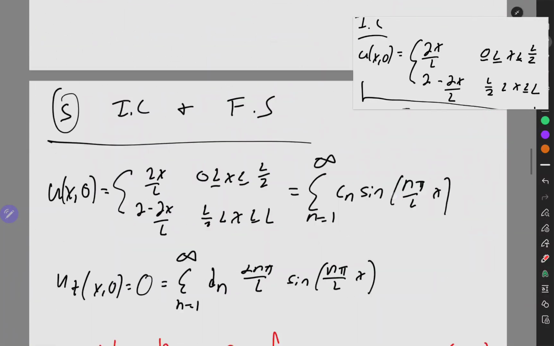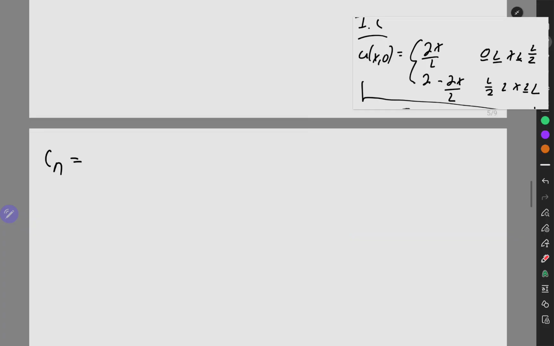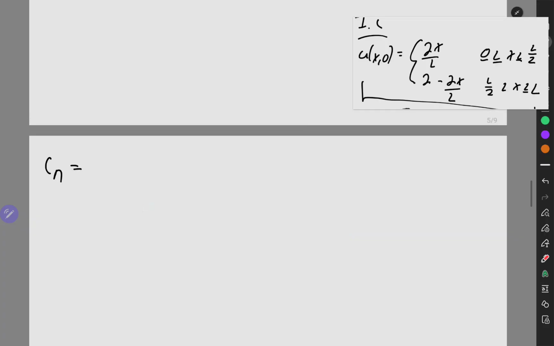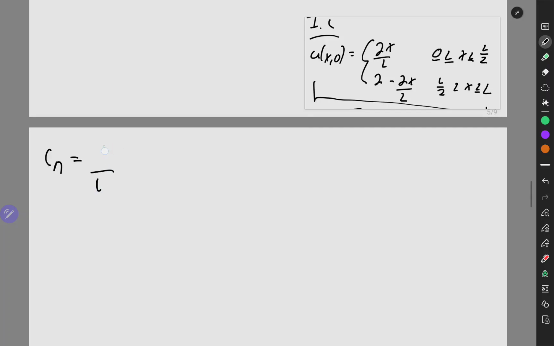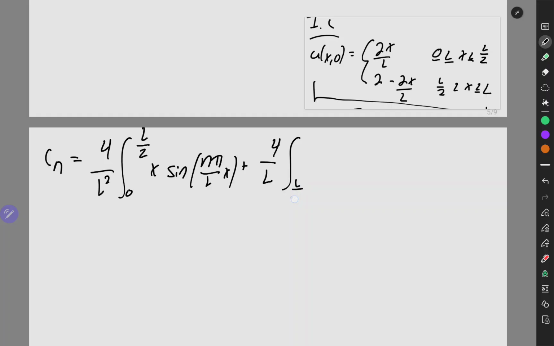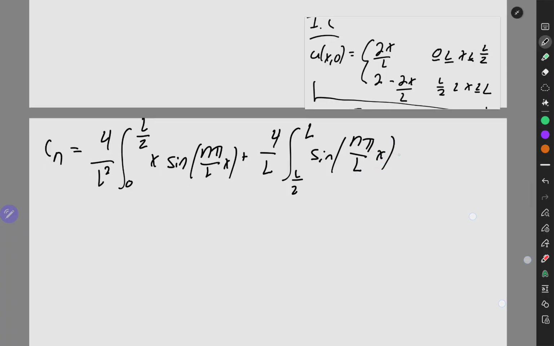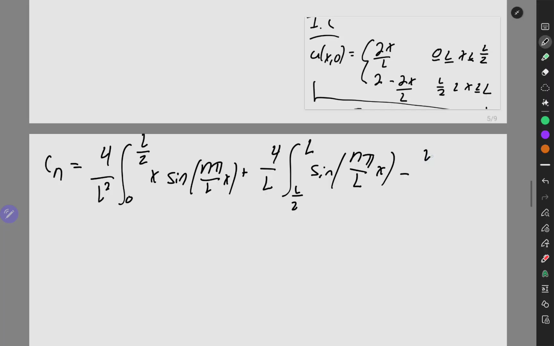Okay, so c sub n is equal to, I'll pull out that 2, that's going to be 4 over L squared, integral 0 to L over 2, x sine n pi over L x, plus 4 over L, integral from L over 2 to L, sine of n pi over L x, minus, we have the last one, it's still 4.